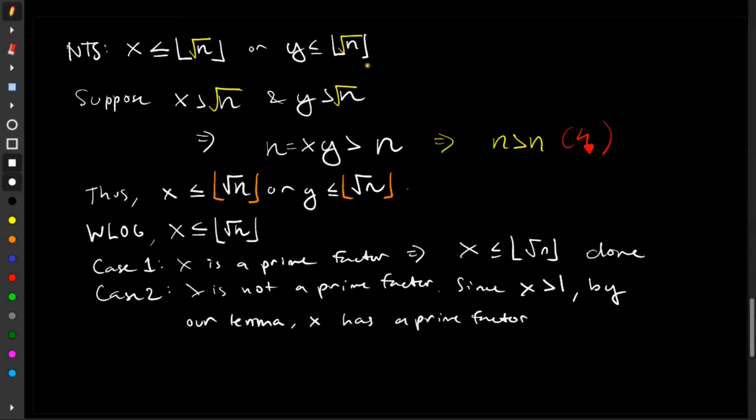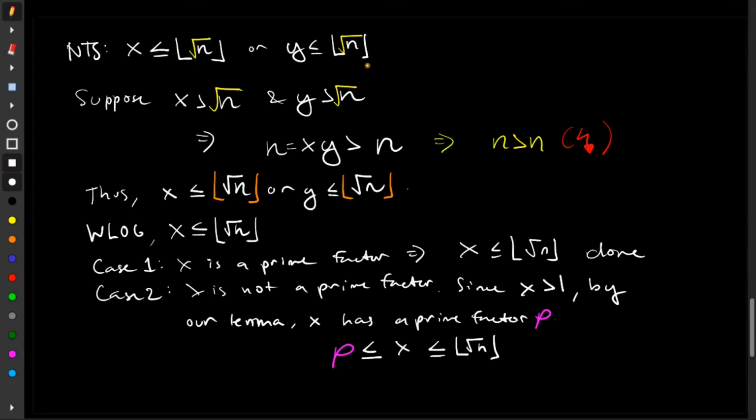Now, let's denote this prime factor by the letter P. So this implies that P is less than or equal to x, which we know is less than or equal to the square root of n. This is true since we know that a factor is less than or equal to the number that it is a factor of.